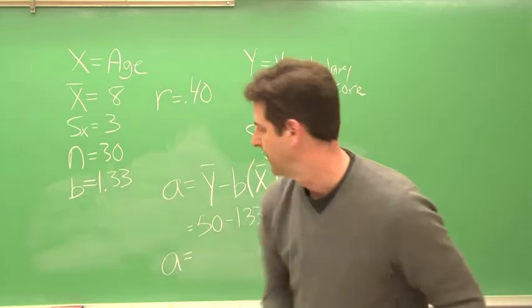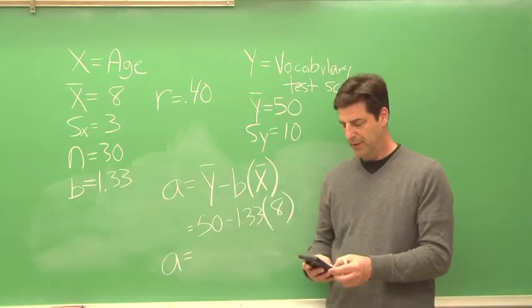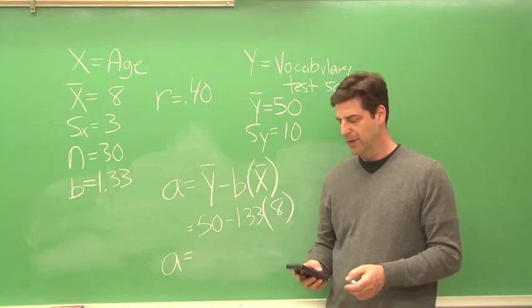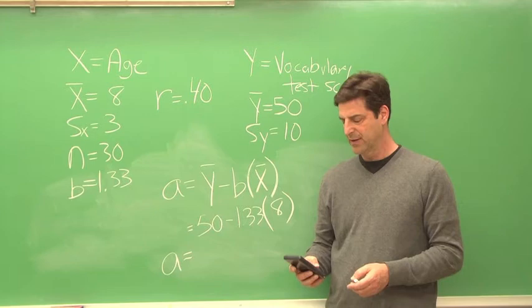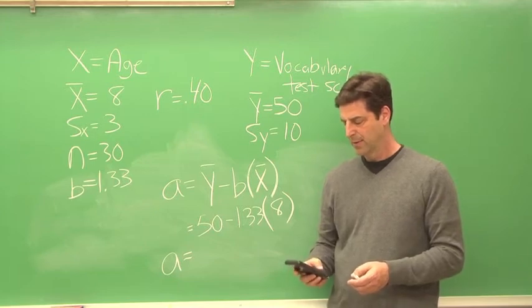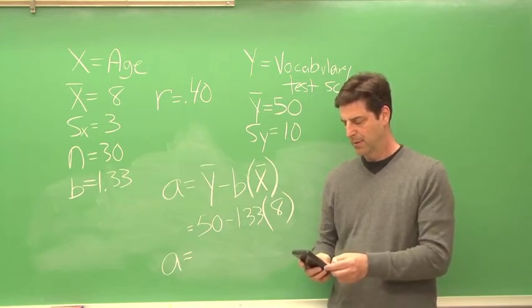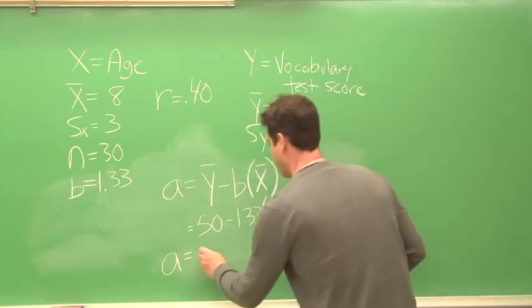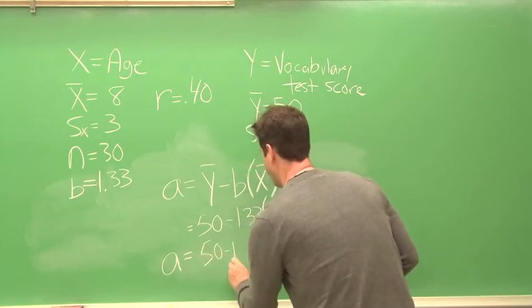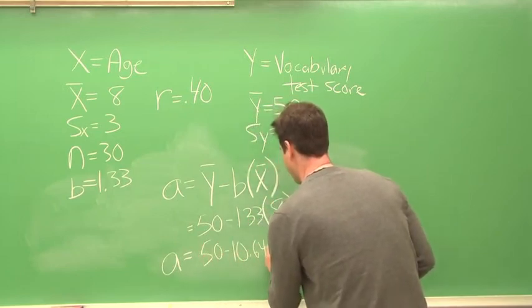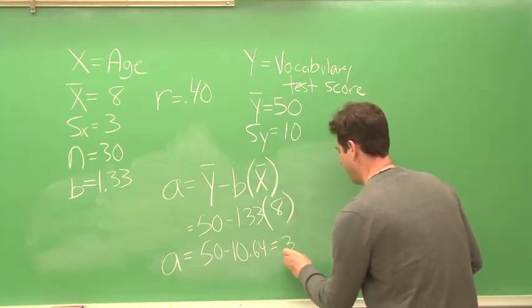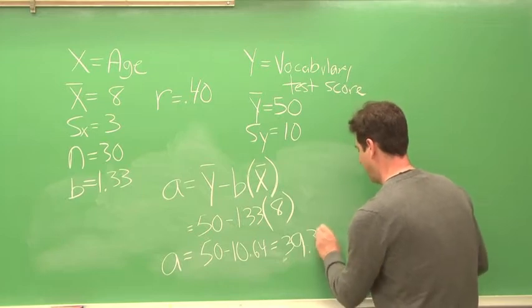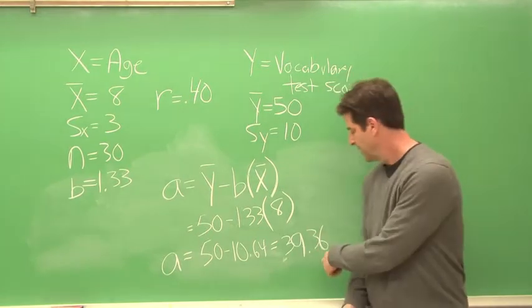So let's calculate this. 1.33 times 8 is 10.64. 50 minus 10.64 is 39.36. So that's our intercept, 39.36.